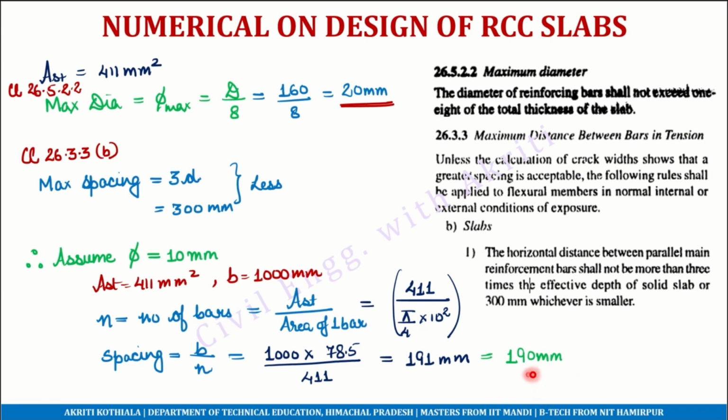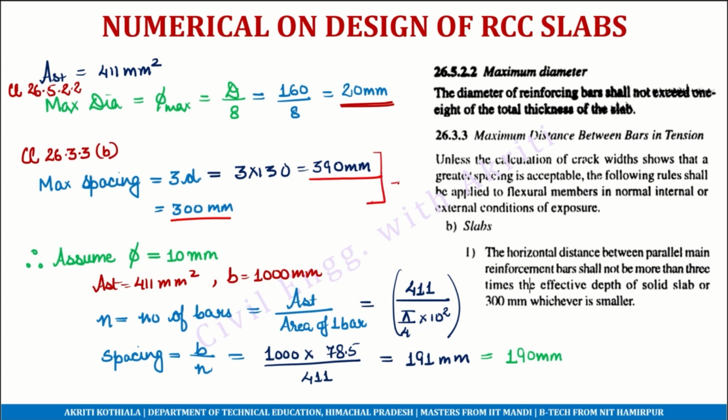So we will have to check this value of 190 mm with clause 26.3.3. So for 3 times D, we calculate this value to be equal to 3 into 130, which is equal to 390 mm, and the other value is 300 mm.